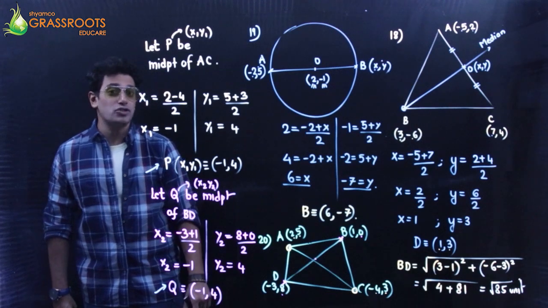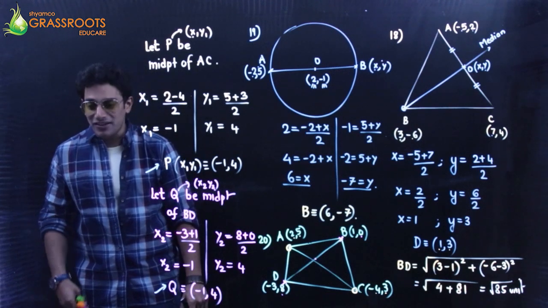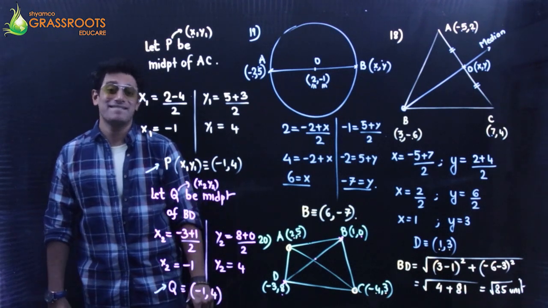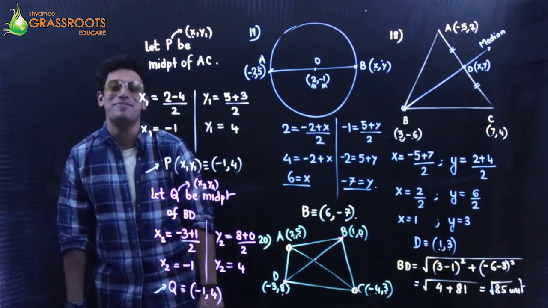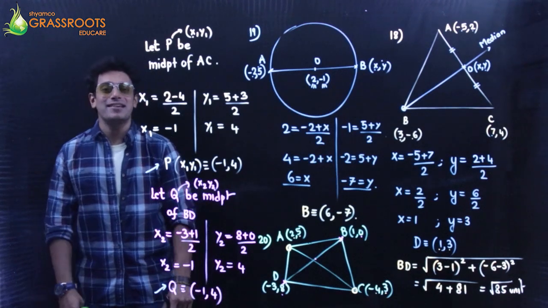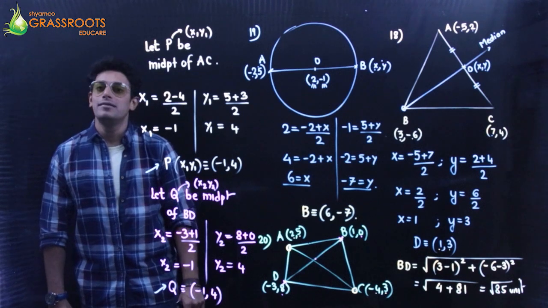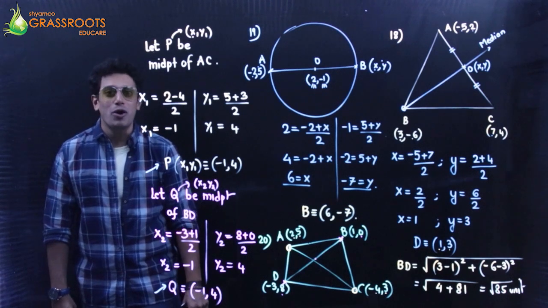All right. It's not over. Because even in a rectangle, the diagonals bisect. Even in a square, diagonals bisect. Even in a rhombus, diagonals bisect. So I'm not yet in a position to say much more about it.